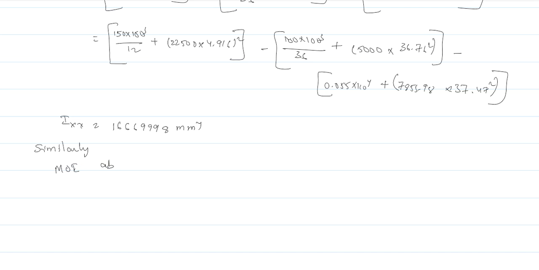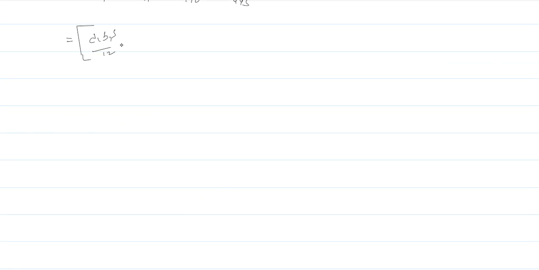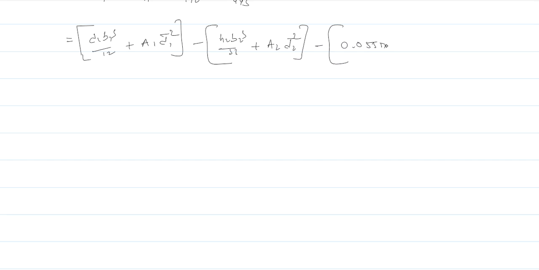Similarly, moment of inertia about the yy axis. So Iyy is equal to Iyy1 minus Iyy2 minus Iyy3. Iyy1 is d1 b1 cube by 12 plus a1 d1 bar square, minus Iyy2, which is nothing but h2 b2 cube by 36 plus a2 d2 bar square, minus 0.055 r power 4 plus a3 d3 bar square.